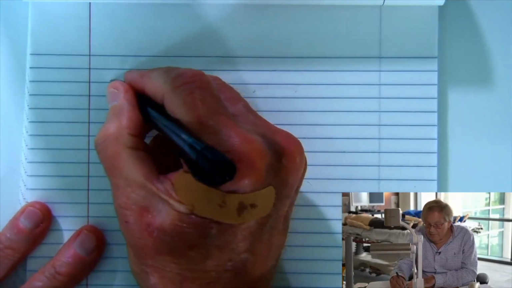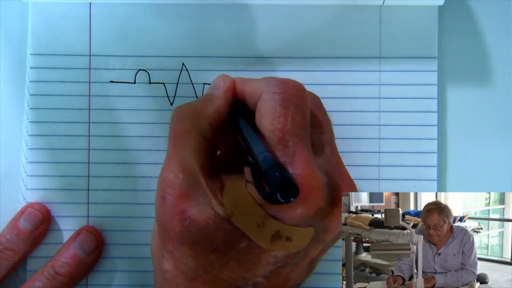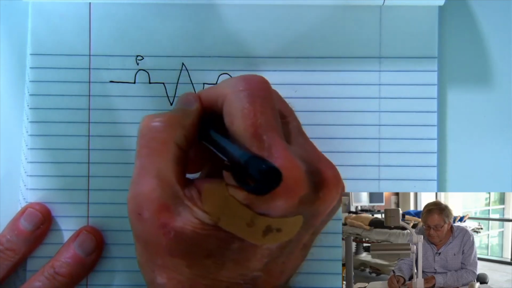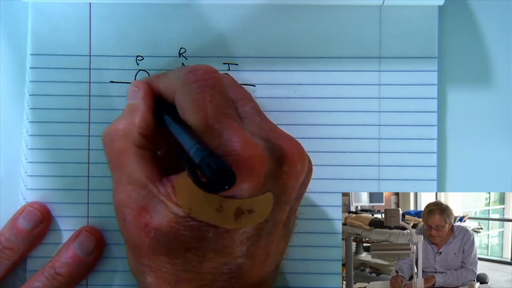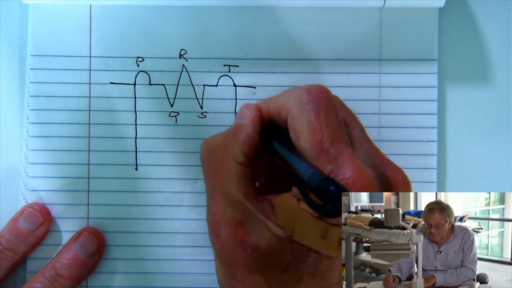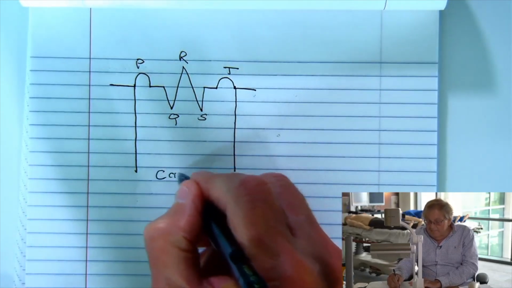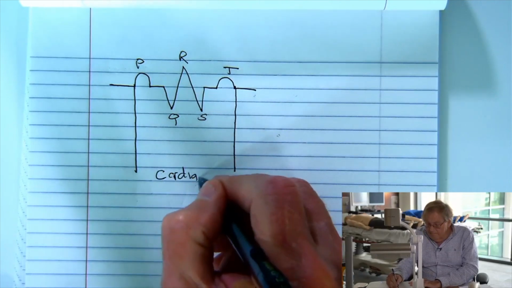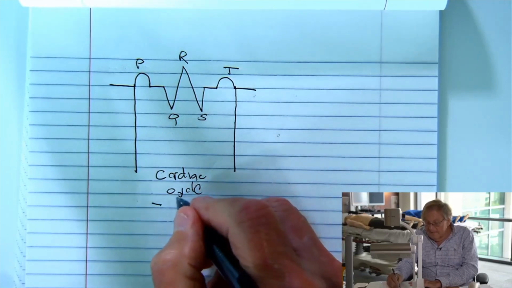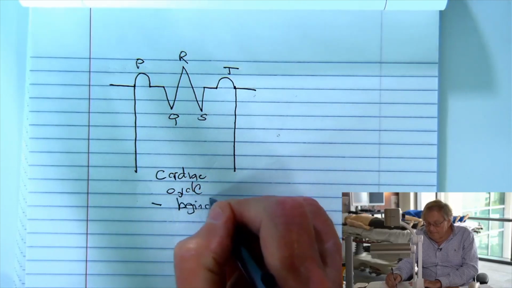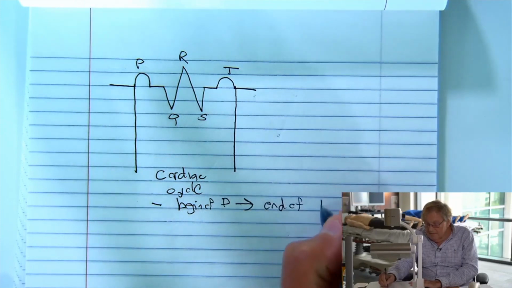So if I draw again what I'm calling that textbook EKG, PQRST, and I say there's a line from here and a line from here, and I said that's going to be a cardiac cycle. Remember, cardiac cycle is from the beginning of P to the end of T.